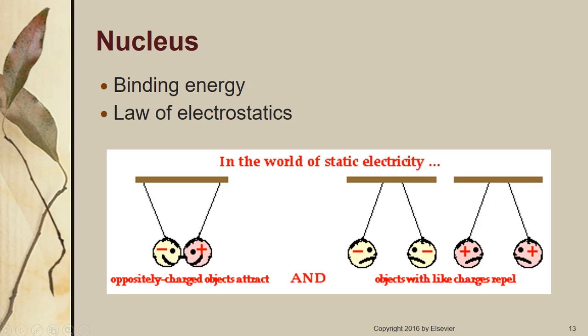The mass of the nucleus is always less than the sum of the masses of the nucleons. The difference in mass is the mass defect. It represents the energy necessary to hold them together. All of this comes back to energy, Einstein's equation E equals mc squared, and that's what's holding that nucleus together. The binding energy is also a measure of the amount of energy necessary to split an atom.